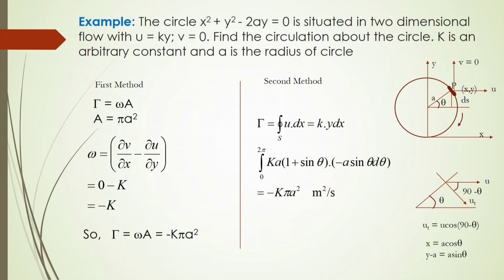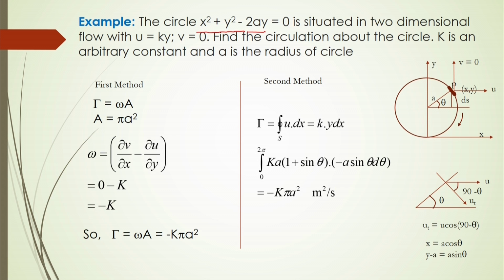Let us do an example for this. Suppose circulation happens in such a way that we can represent it as a circle, and the equation of that circle is x square plus y square minus 2ay equals 0, where a is the radius of the circle, situated in a two dimensional flow with u equal to ky and v equal to 0.